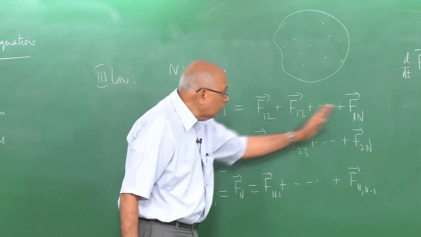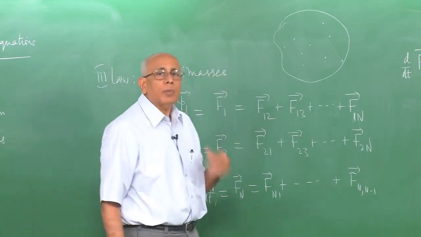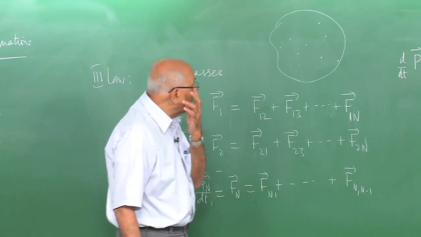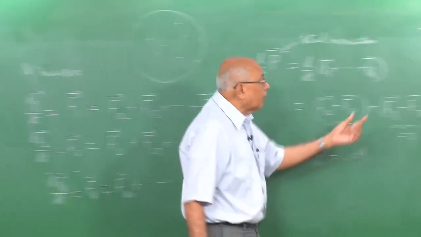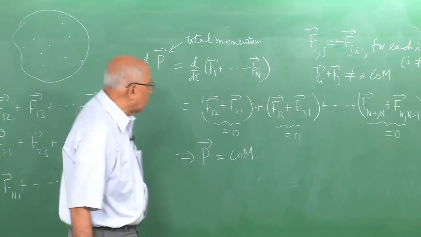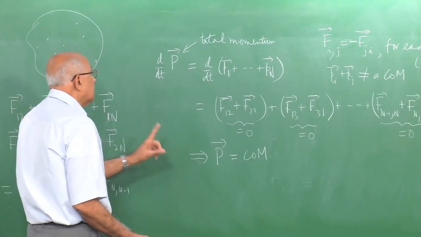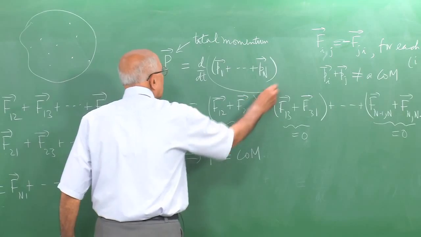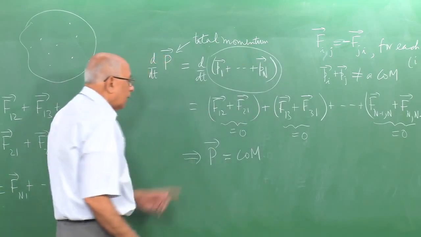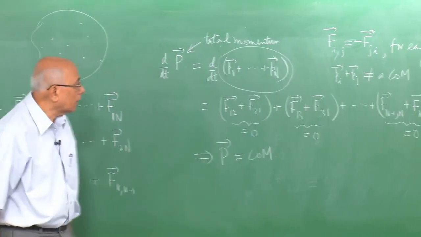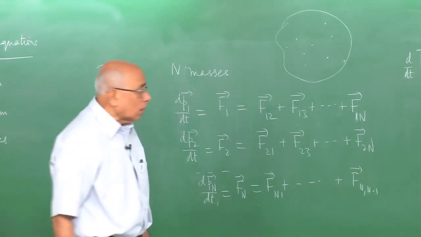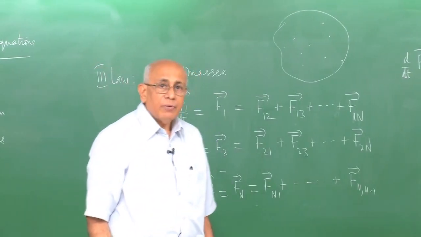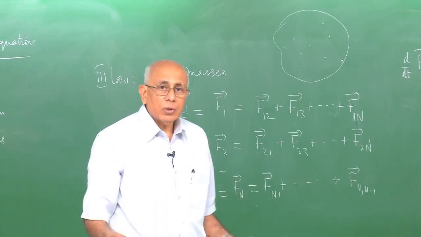But the moment you have other forces on the system due to particle 3, 4, 5, etc., then the sum of any two momenta is not a constant of the motion, but this still remains a constant of the motion. This quantity here, the total momentum, is still a constant of the motion. Okay. So this is a consequence of the fact that there is no external force on the system.